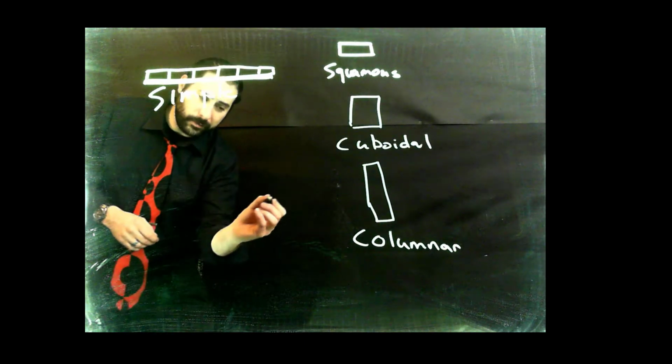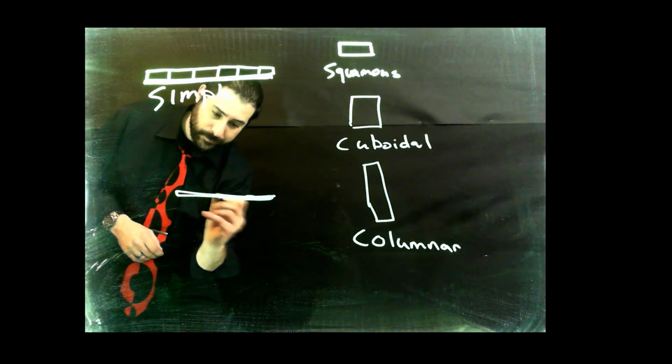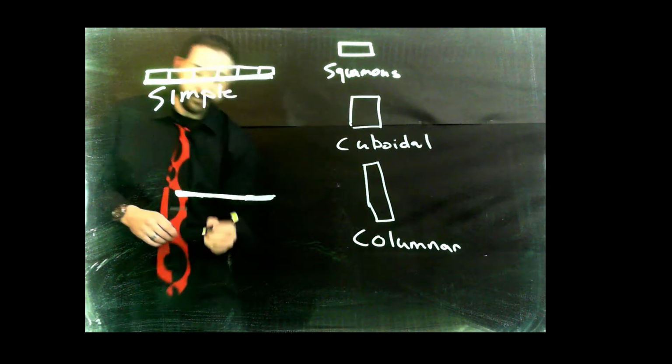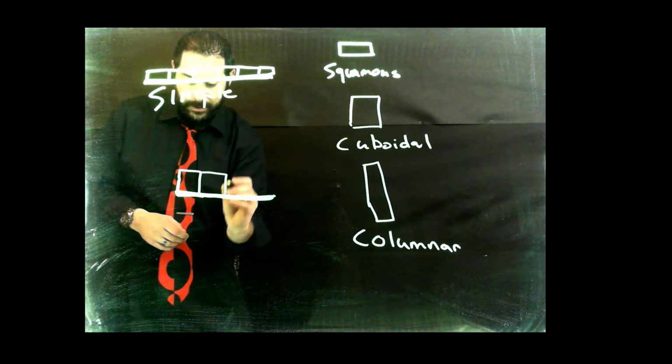If we have more than one layer or row, then there's a little catch to it. So first, let's go ahead and make the row.